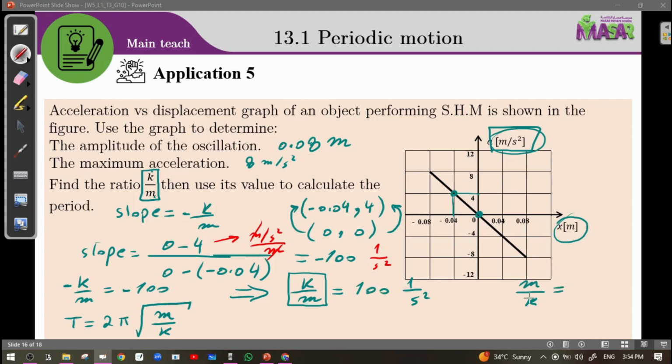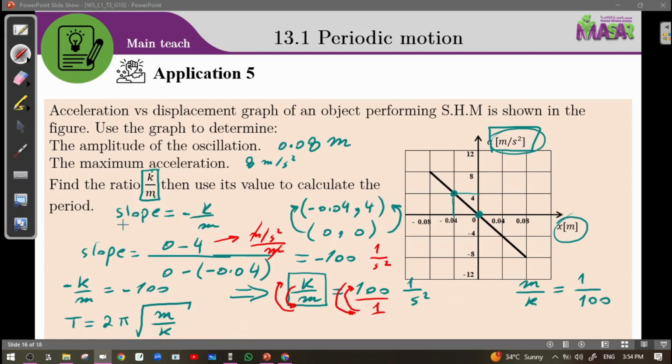So K over M is equal to 100 over 1. Even if we don't have a denominator for the number, we just put 1 as a denominator for any real value. Since we flipped the M up and the K down, we can apply the same thing for the 100 over 1, and the M over K in this case is going to be 1 over 100.